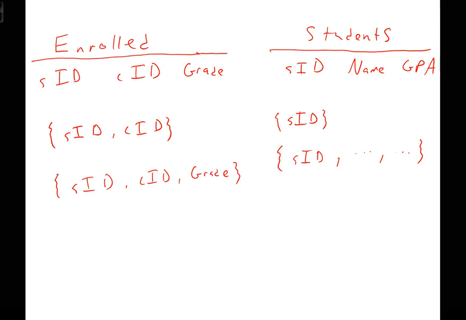Here's kind of where the critical difference between super key and key starts to come in. Technically, this whole thing is a super key, but we don't want to actually include grade in the uniqueness constraint for this table. All right.